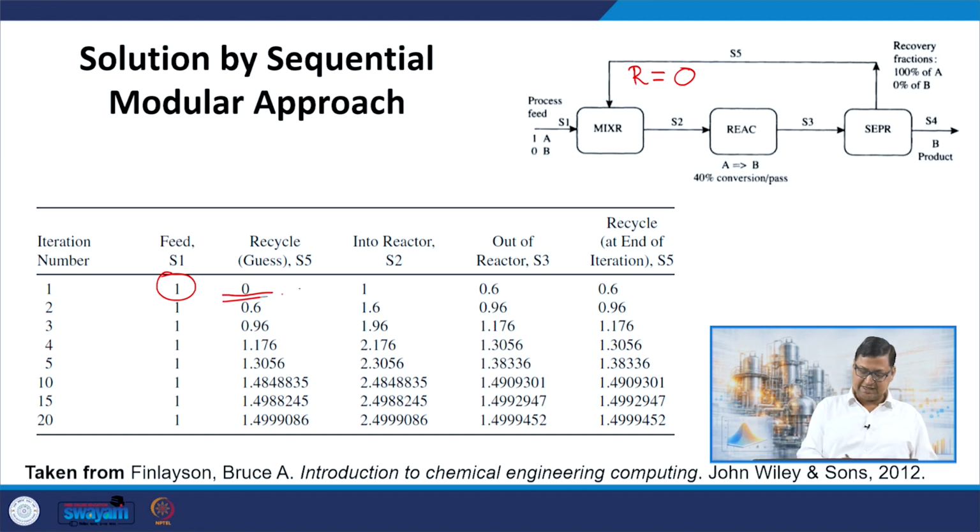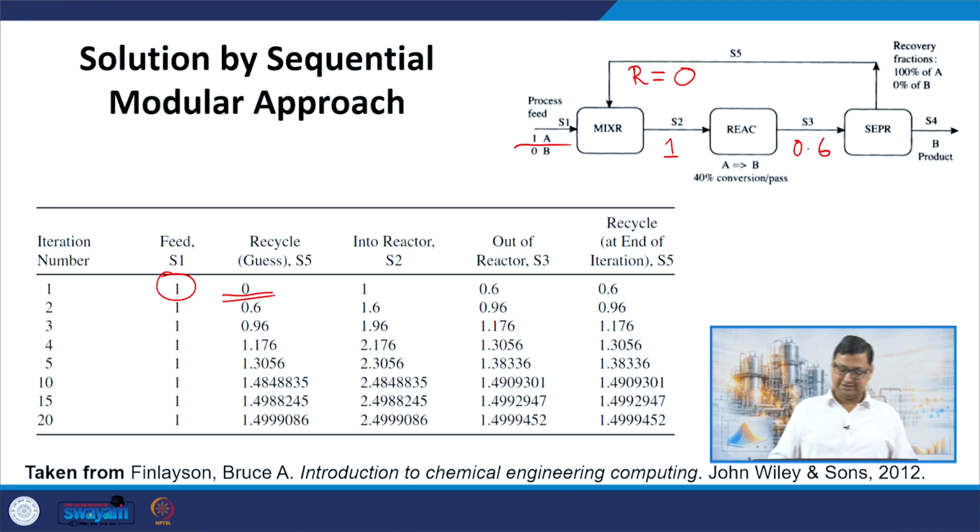So if recycle is 0, then how much A will go here? All the A entering from the feed will go to the reactor. Then how much is out of the reactor? 40% gets converted, so we will have 0.6 left there, right?